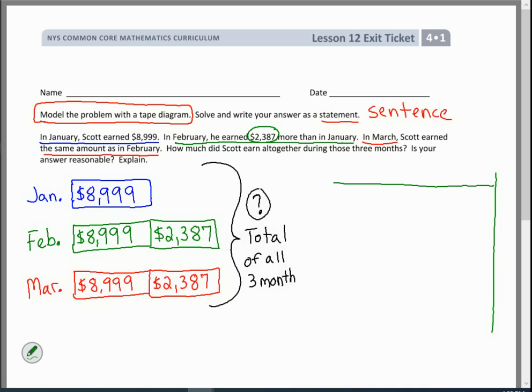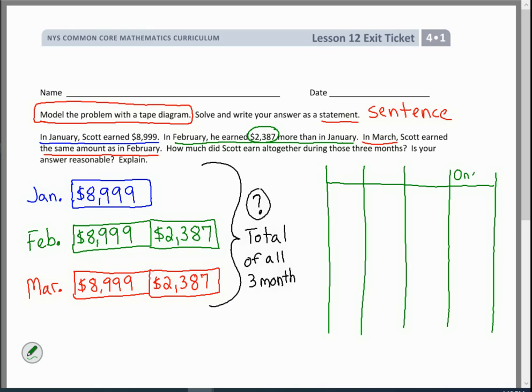February. So I'm going to build a place value chart. Students are in different places with their adding skills, I should say. So one thing I have students do, if they need help lining up their numbers, is to build just a basic place value chart.